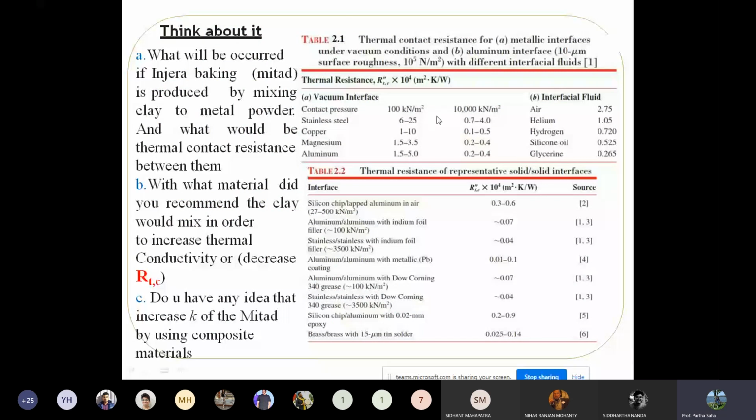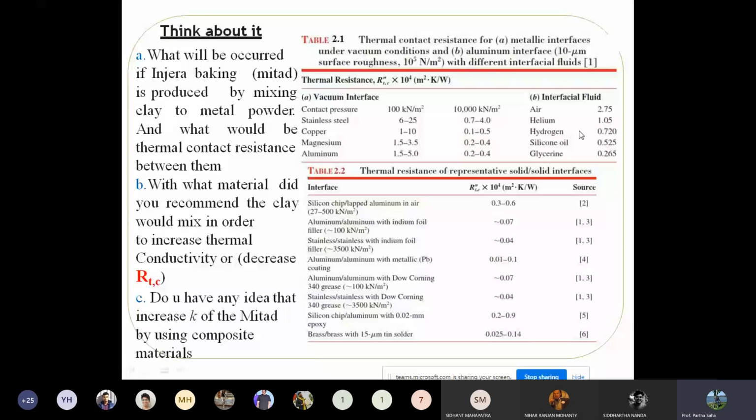For stainless steel, if the contact pressure increases, the thermal resistance decreases. But among all the metals, copper and aluminum have very low thermal contact resistance because they have very high thermal conductivity. And if by some means you increase the contact pressure, then obviously the thermal contact resistance decreases further. And here are some interfacial fluids, which have different thermal conductivity.